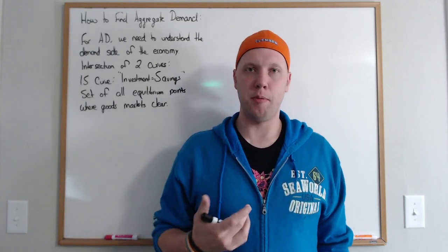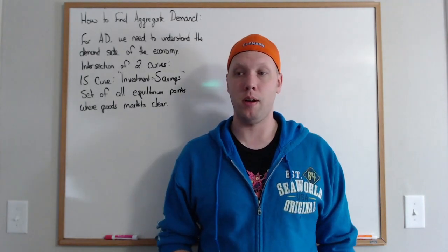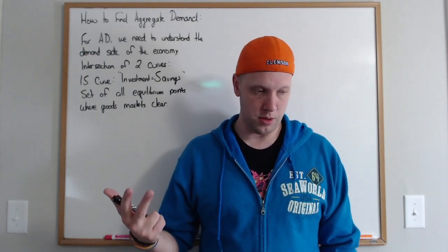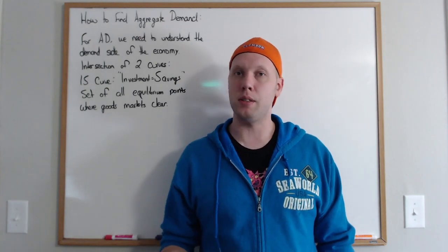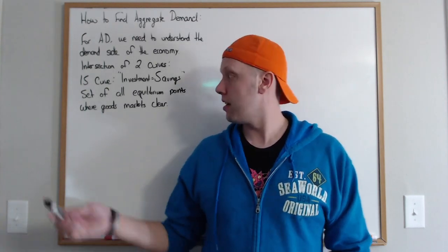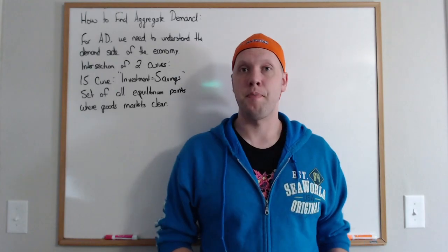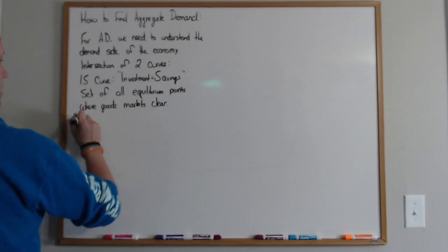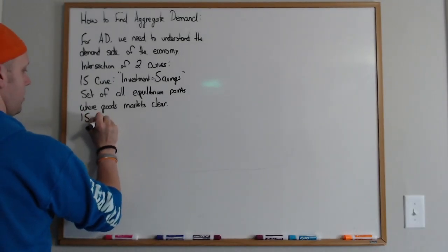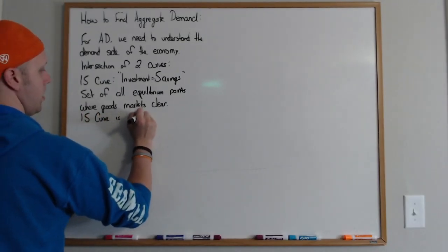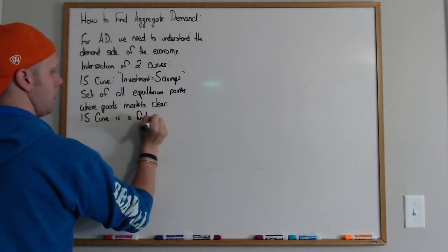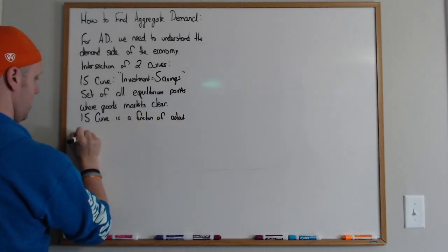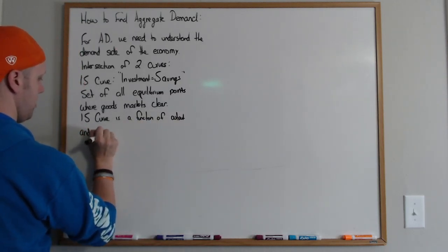When there's a government spending shock or a fiscal policy shock, whether it's a cut in taxes, an increase in taxes, an increase in spending, or a decrease in spending, that's going to be reflected in the IS curve. The IS curve is a function of output and interest rates.